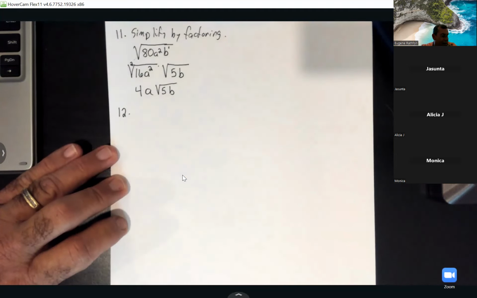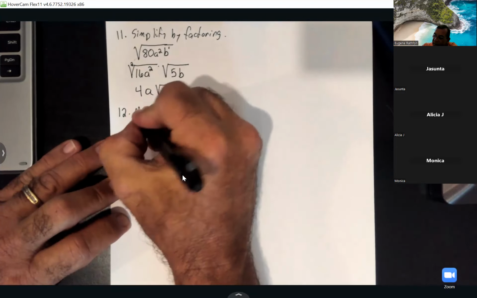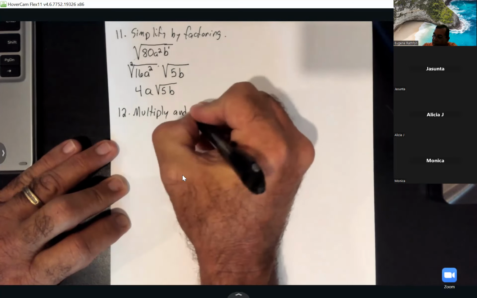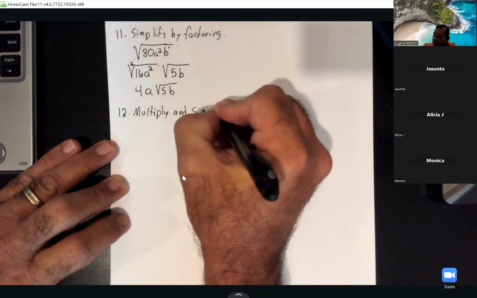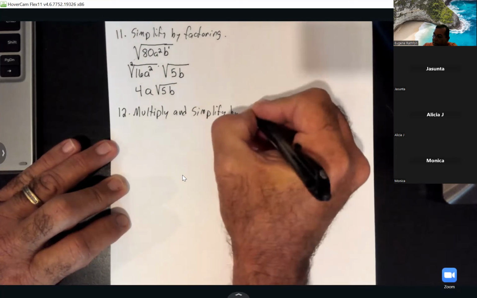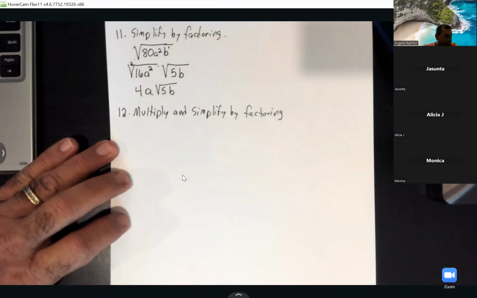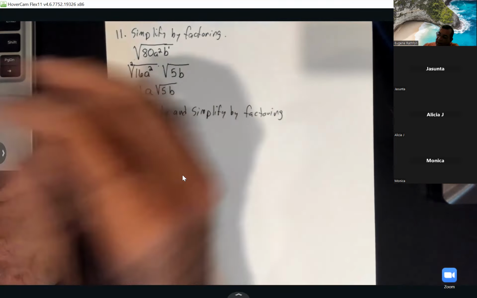All right, y'all. Number 12 says multiply and simplify by factoring. All righty.